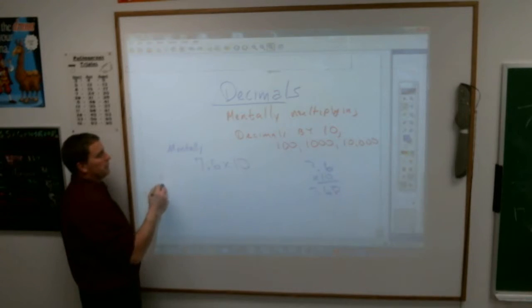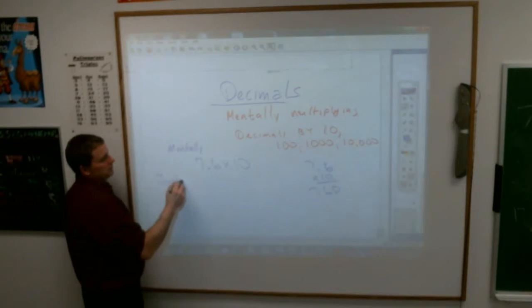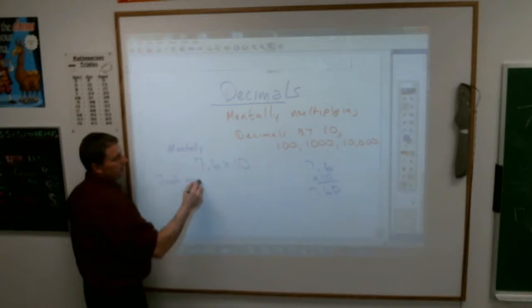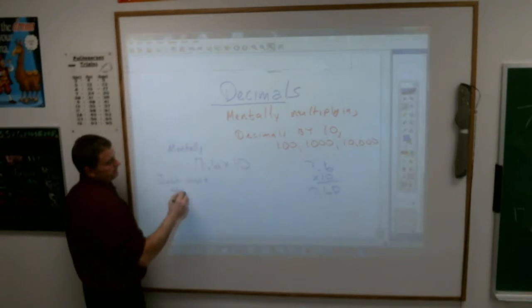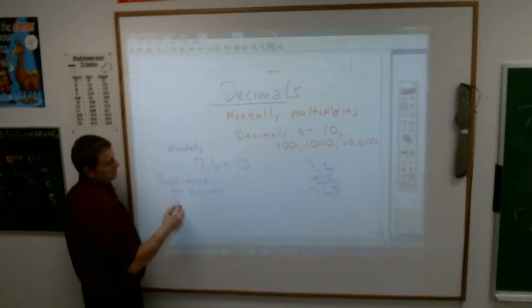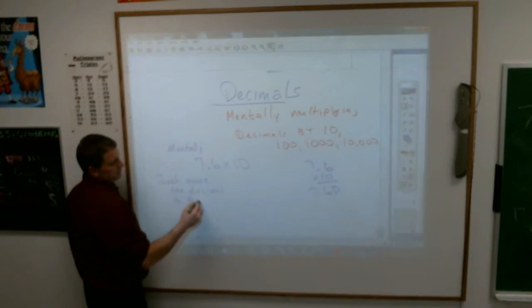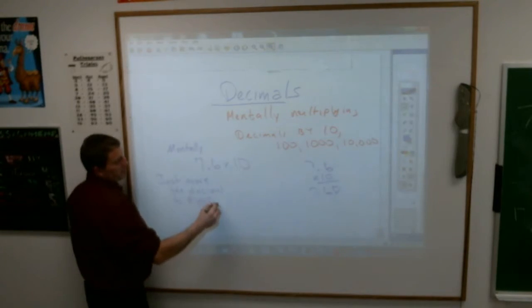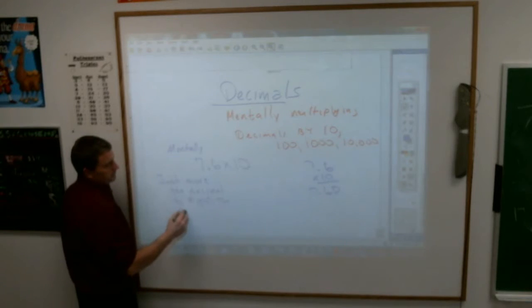Write that down. You just need to move the decimal to the right, the number of zeros there are.